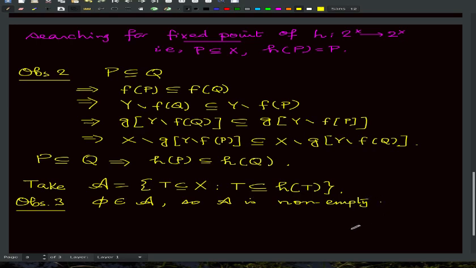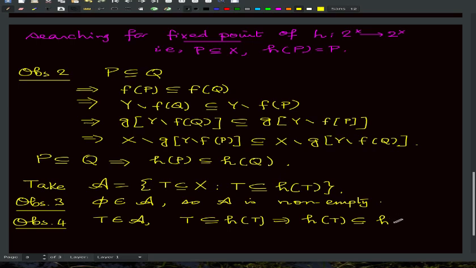Now let's see what happens. Suppose I take a T from A. Since T is a subset of h(T), this tells me h(T) is a subset of h of h(T), which I am writing as h squared of T. So that's that business I was trying to do, those zigzags, right?